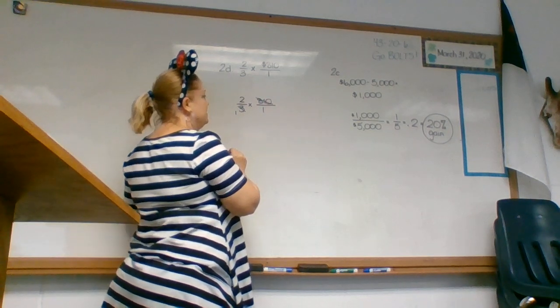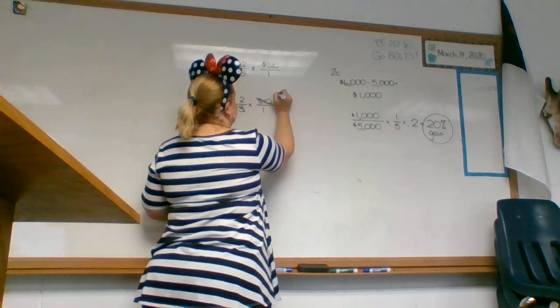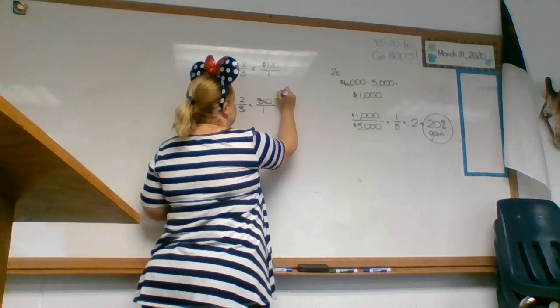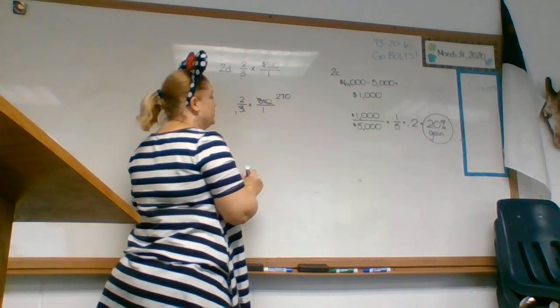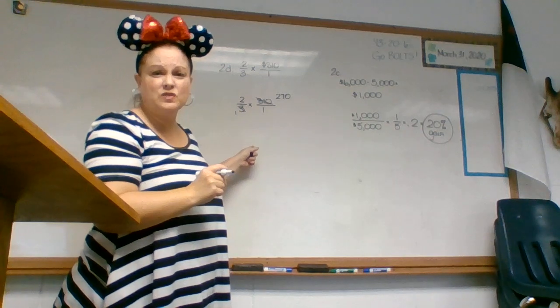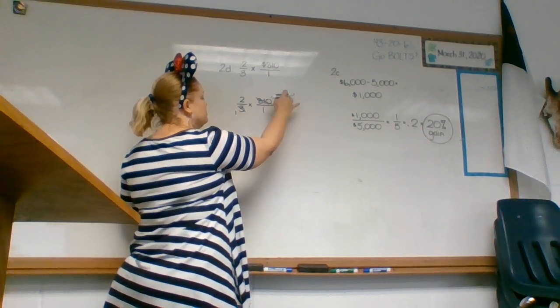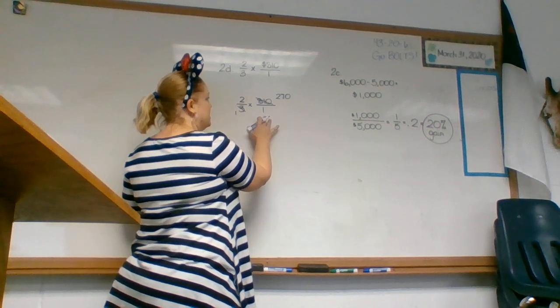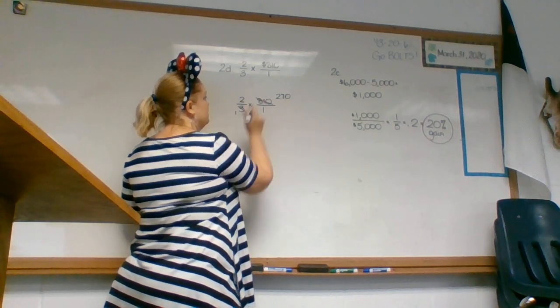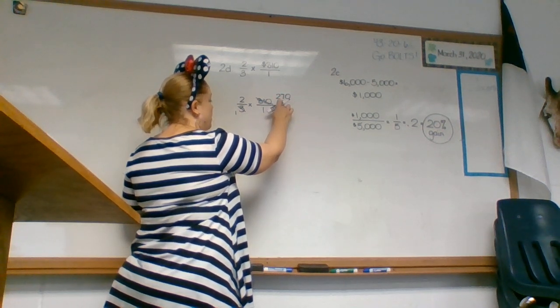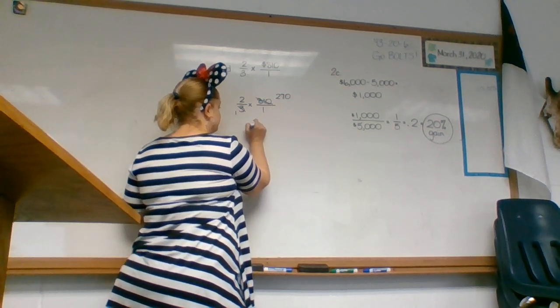So 810 divided by 3, it goes in twice with 2 left over. It is 270. Divide it on the side. If you can't do it in your head, that's not a problem. I'm left with 2 times 270 over 1 times 1. So 2 times 270 would be 400 plus another 140.